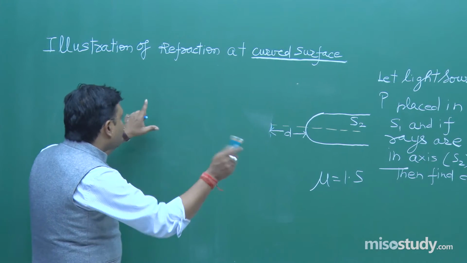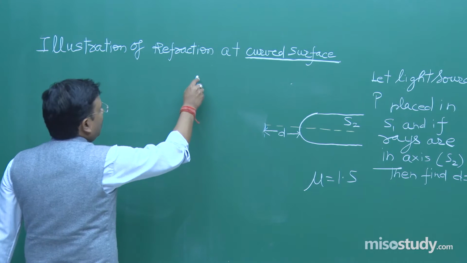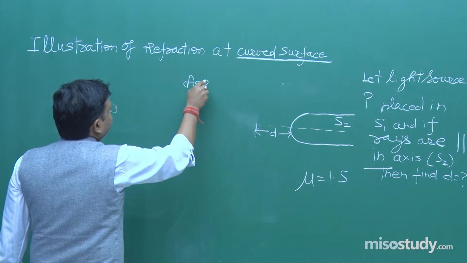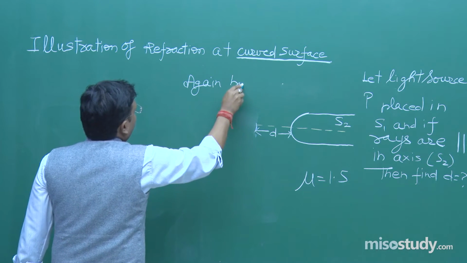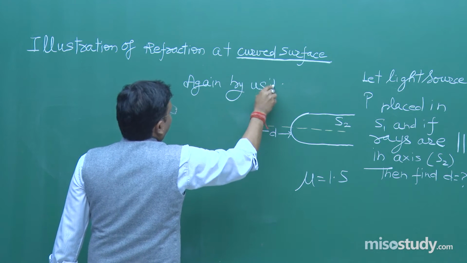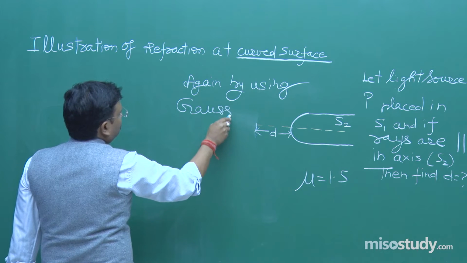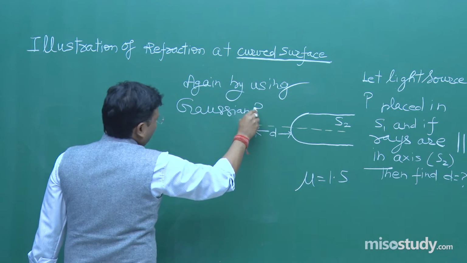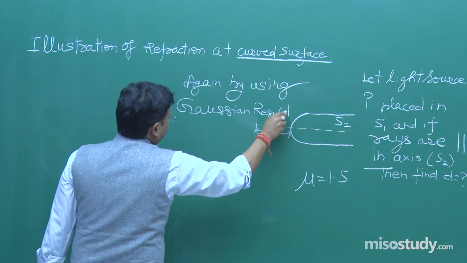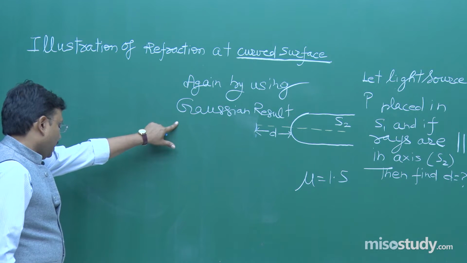Okay. So again, using the Gaussian formula, what can you get over here?